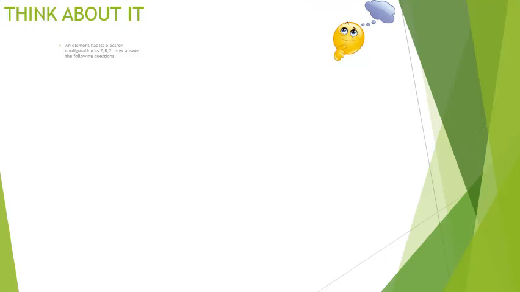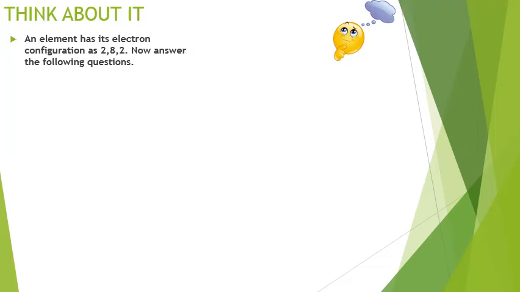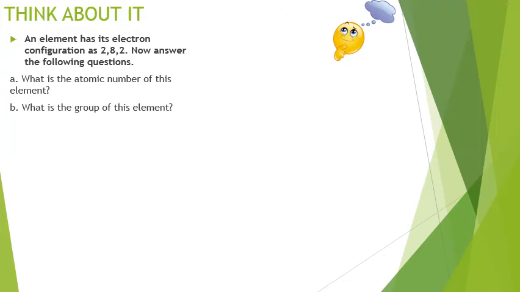Some questions for you to practice. An element has its electronic configuration as 2, 8, 2. Now answer the following questions. What is the atomic number of this element? What is the group of this element? To which period does this element belong?